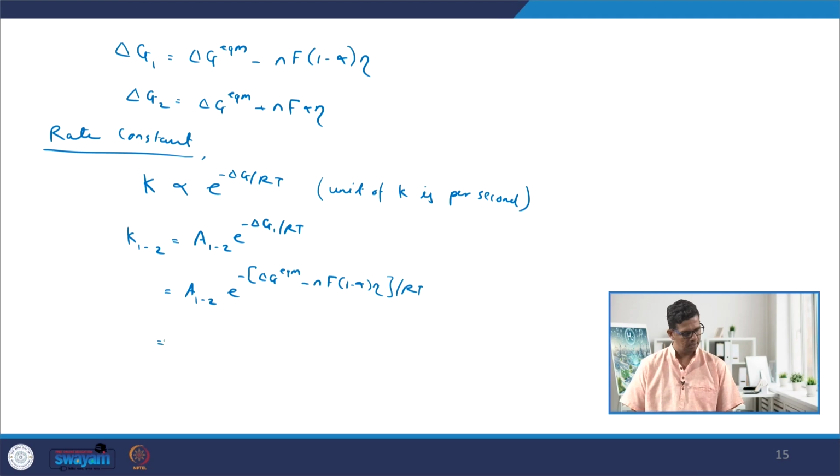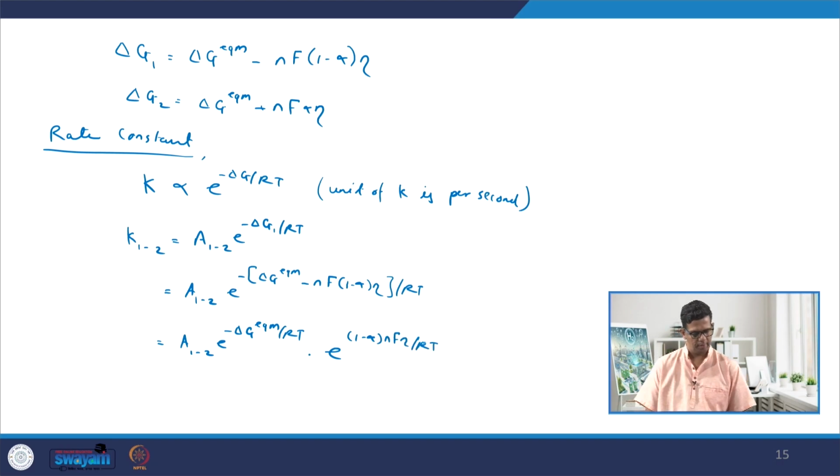So if I expand this term, I get A12 e to the power minus delta G equilibrium by RT, times e to the power (1 minus alpha) F eta by RT, right. Let us call this first term K12.